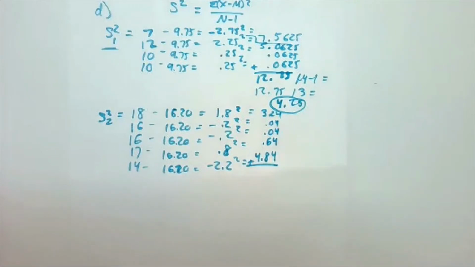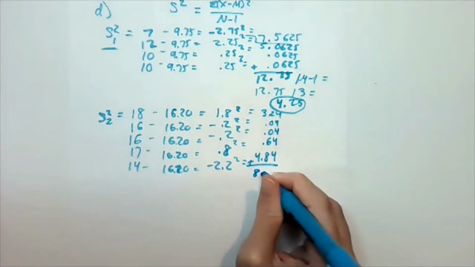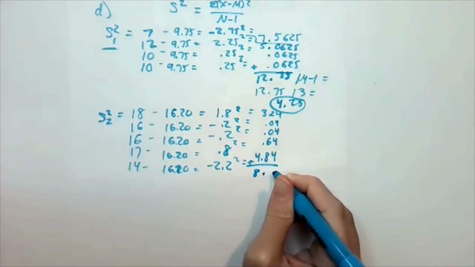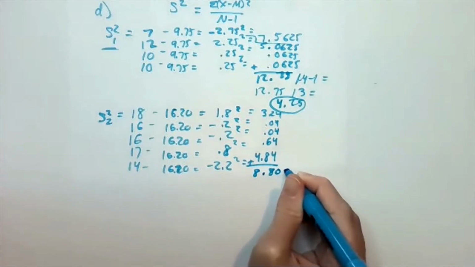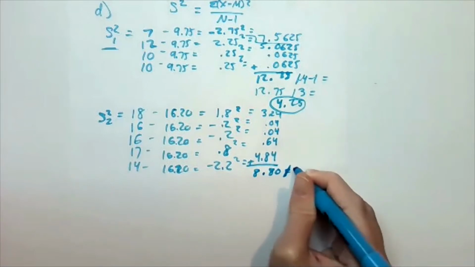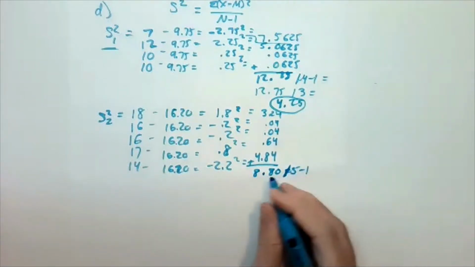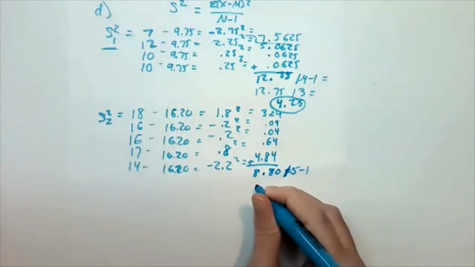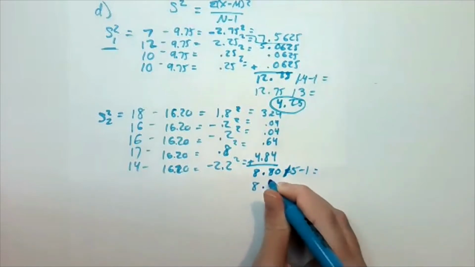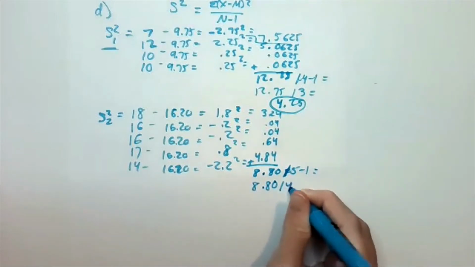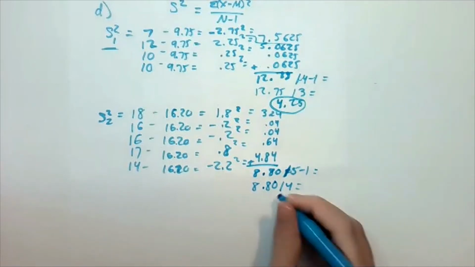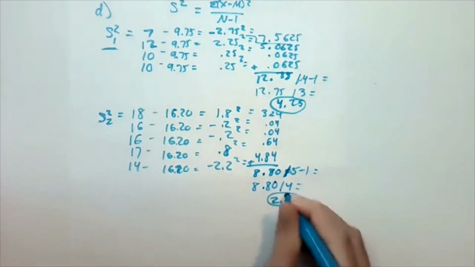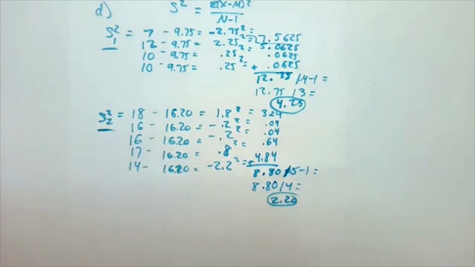As I add this up, I'm going to get 8.8. And we're dividing by n minus 1, which here was 5 minus 1, which is 4. That gives me 2.20. And again, this is for my second group.